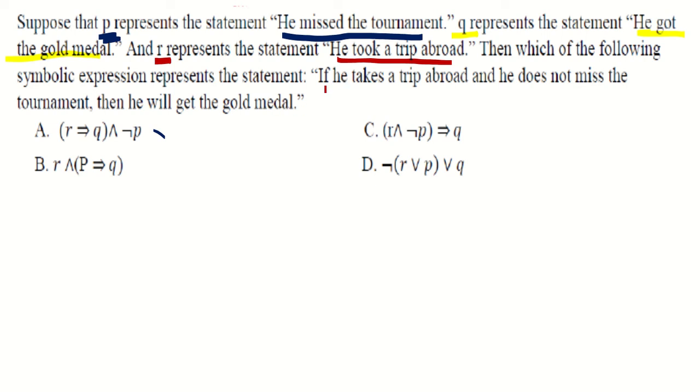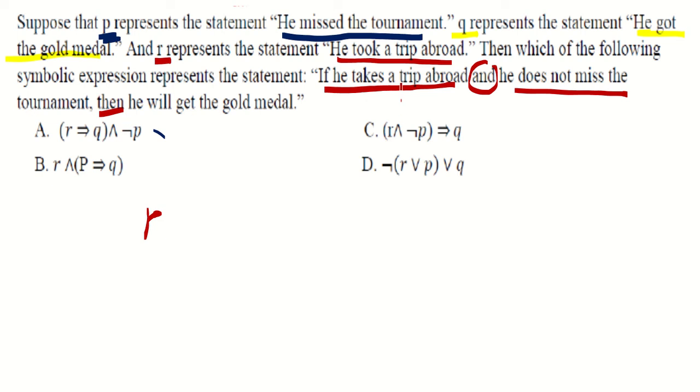If he takes a trip abroad and he doesn't miss the tournament, then you see the if part is two things combined by and. What and what? If he takes a trip abroad, that is R. So R and, sorry, not implies, and. If he takes the trip abroad and he doesn't miss the tournament, the then part is after that.